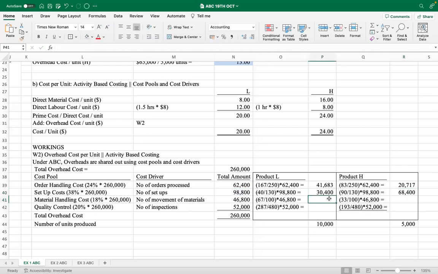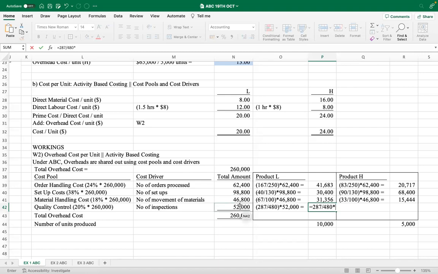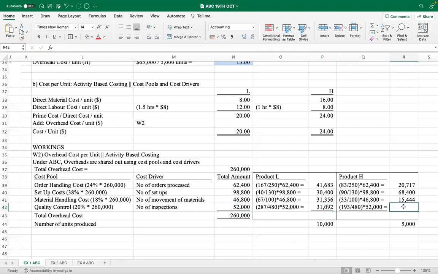The next one is 67 over 100 times 46, and 33 over 100 times 46. Next, 287 over 480 times 52, and 193 over 480 times 52.